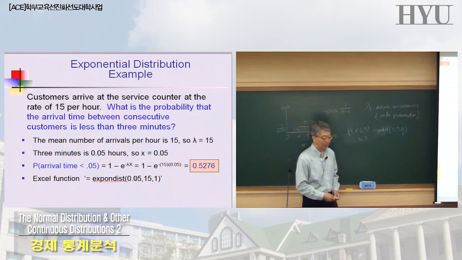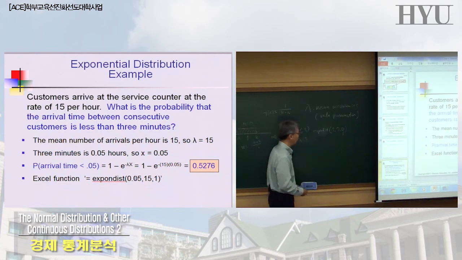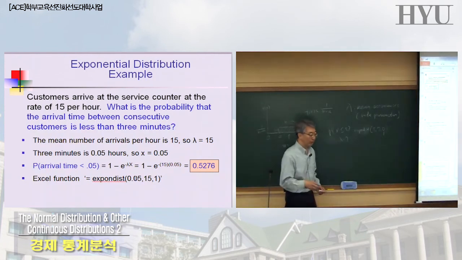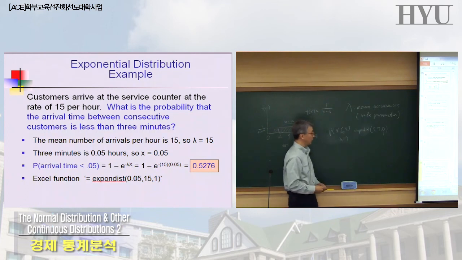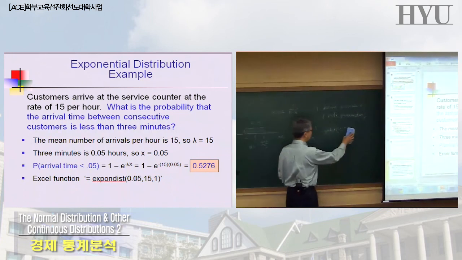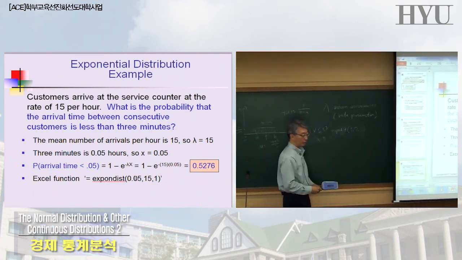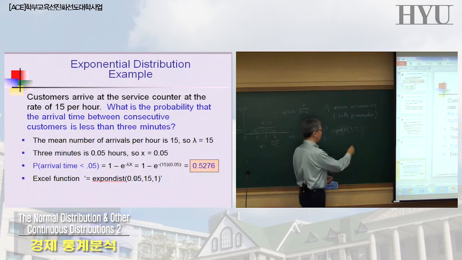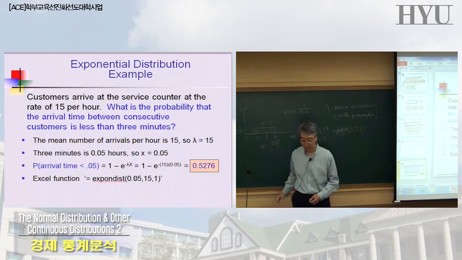Right. That's right. We are dealing with continuous probability here, right? So whether you include the equal sign there or not should not make any difference. In other words, whether you specify 1 or 0 here should not make any difference, right? Well, I don't know. I've never tried. We can try later, okay?